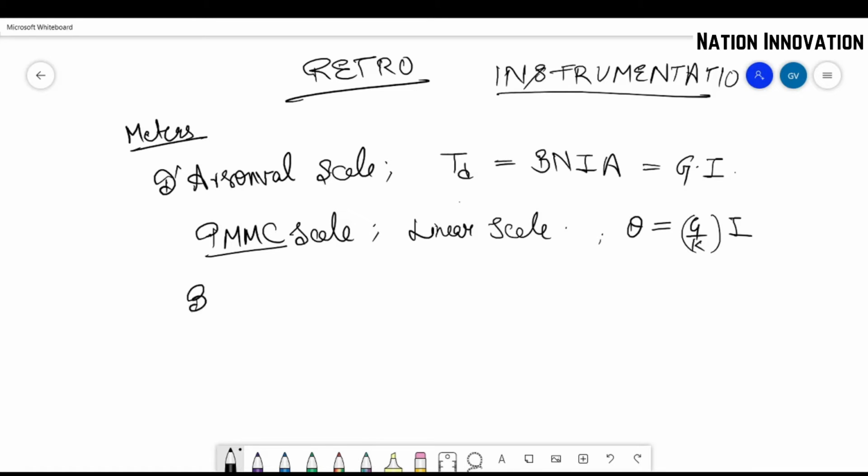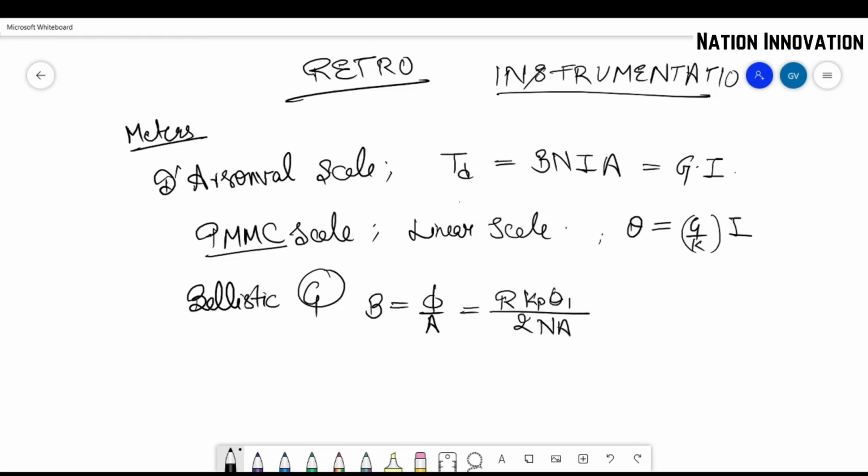And then we have this thick galvanometer, where the magnetic field is measured, and this is the relation for the measurement.